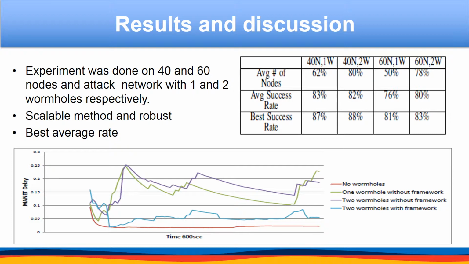For example, if we take the purple color, which shows 2 wormholes without framework, and the blue color, 2 wormholes with framework, we can see the big difference. It shows that by using the framework, which is the blue color, even if there were 2 wormholes, the framework managed to remove those wormholes and reduce the delay.